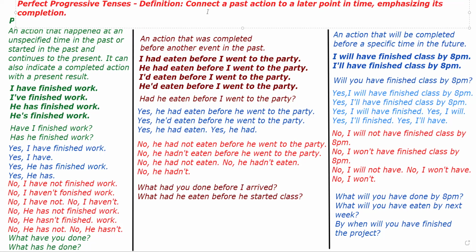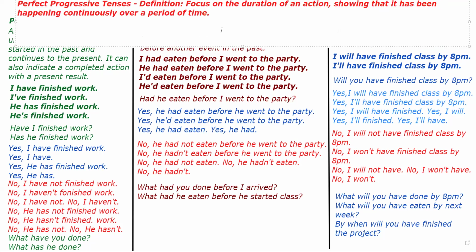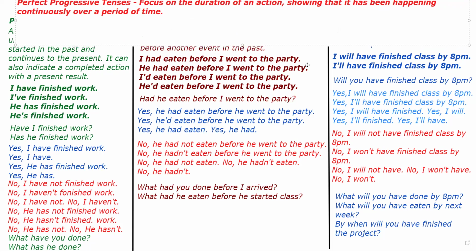So what are perfect progressive tenses? So we can say, what is the definition? They focus on the duration of an action, showing that it has been happening continuously over a period of time. Okay, it has been happening continuously.